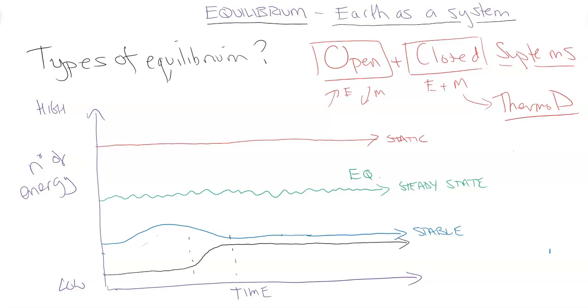What makes this unstable is the fact that there's enough energy, enough change within the system that it goes beyond the threshold or limit or parameters of that landform, of that system, and it's changed to a new one.